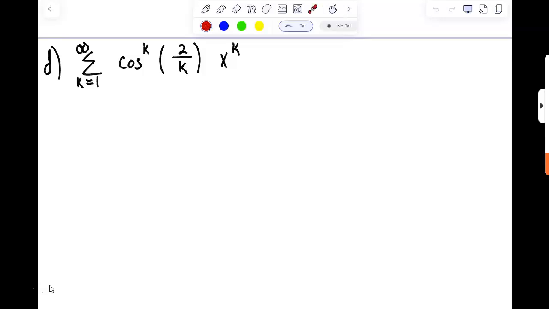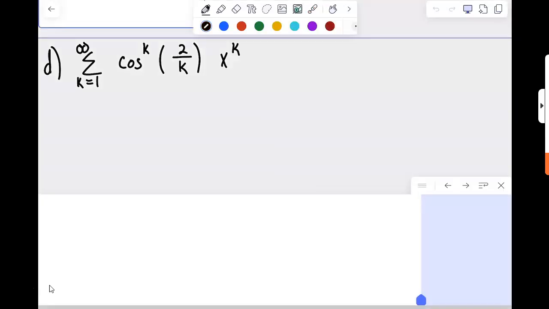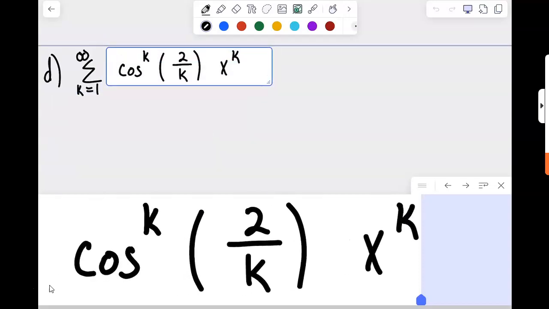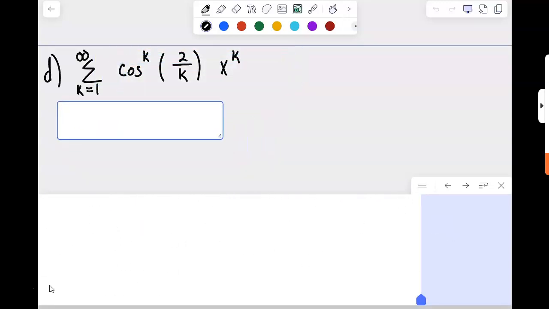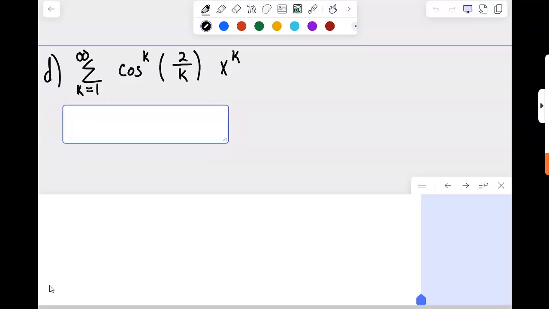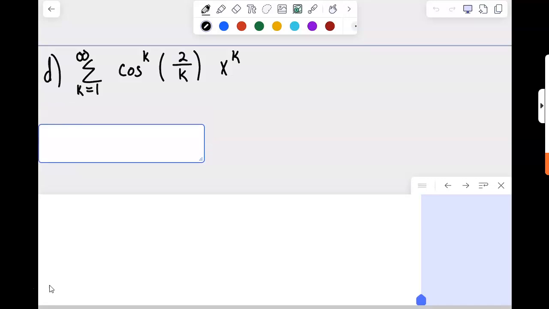Since these are both powers, it would make sense to begin with the root test. So that's what we're going to do. In fact, I really don't know how we would approach this with the ratio test, with the trig function being raised to a power and stuff. So, with that in mind, let us consider the function here.